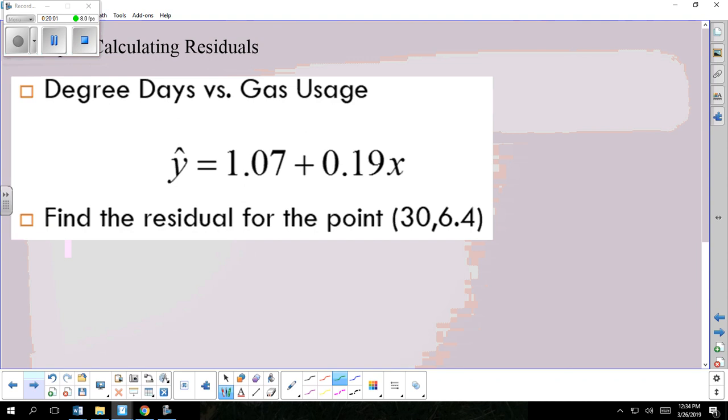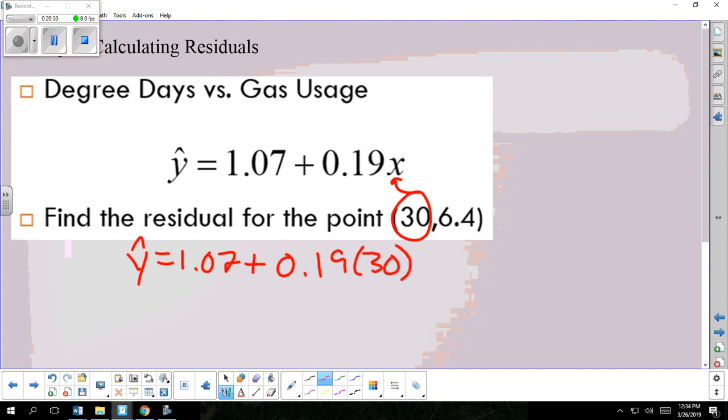So let's calculate the residual for this point. We have the actual point from the scatter plot, (30, 6.4). To calculate a residual, we take this 30 and plug it in. We're going to have our predicted y hat equal to 1.07 plus 0.19 times 30.